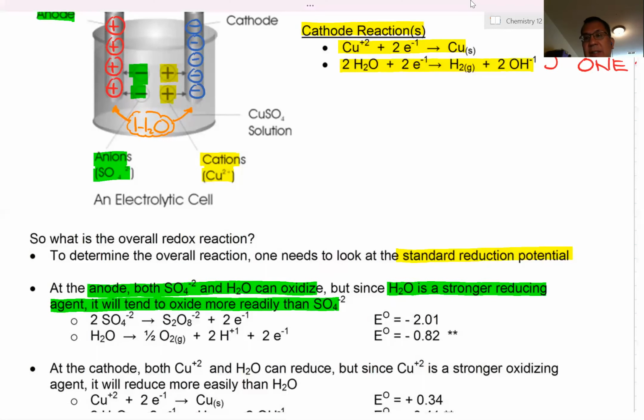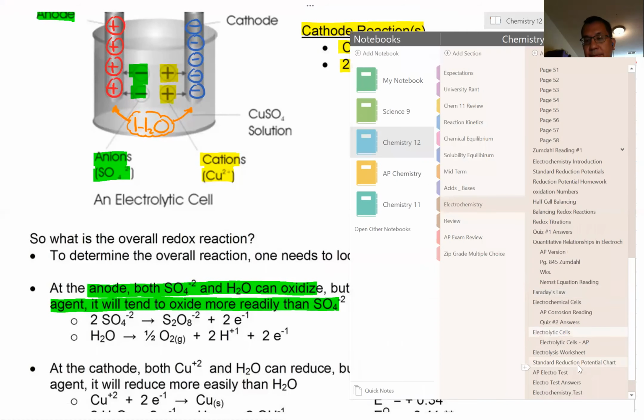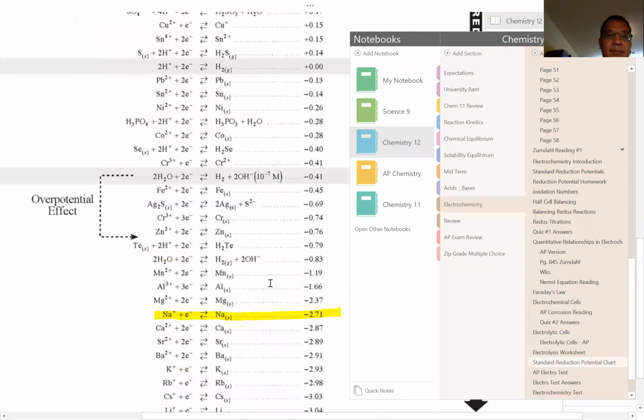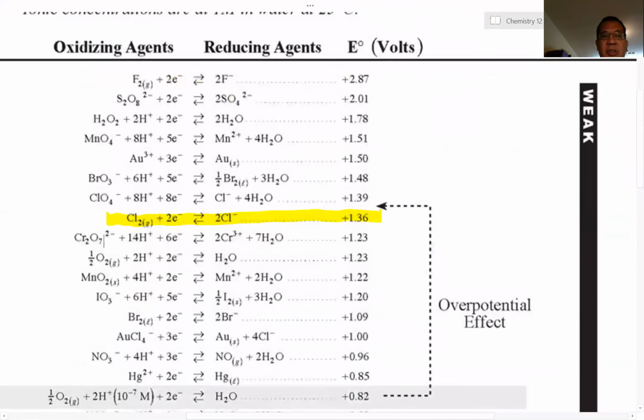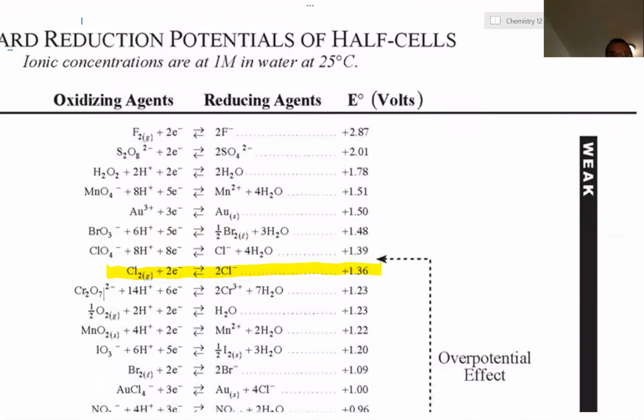If we look at our standard reduction potential tables, we look for what is undergoing oxidation, which is the right-hand side. So we're looking for our reducing agents. Remember, that is undergoing oxidation.